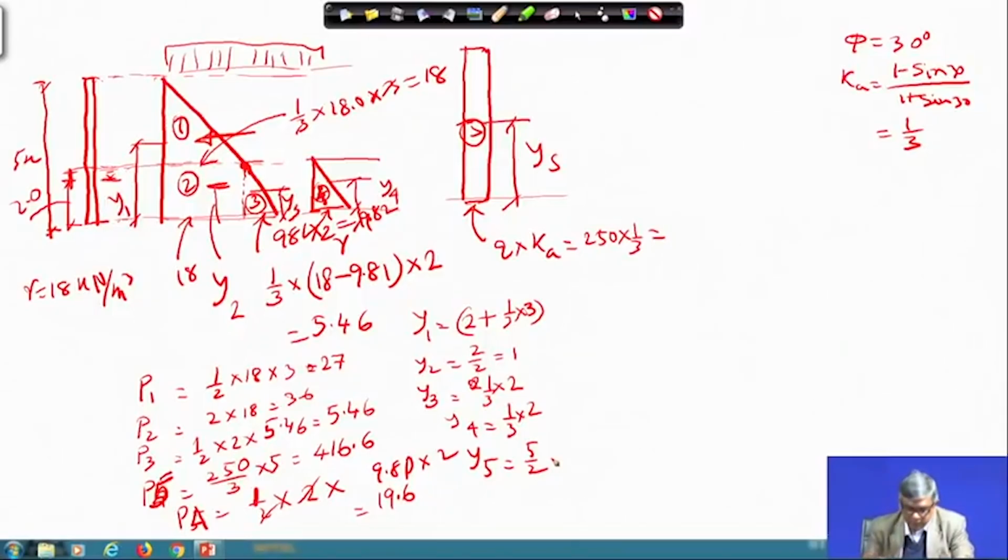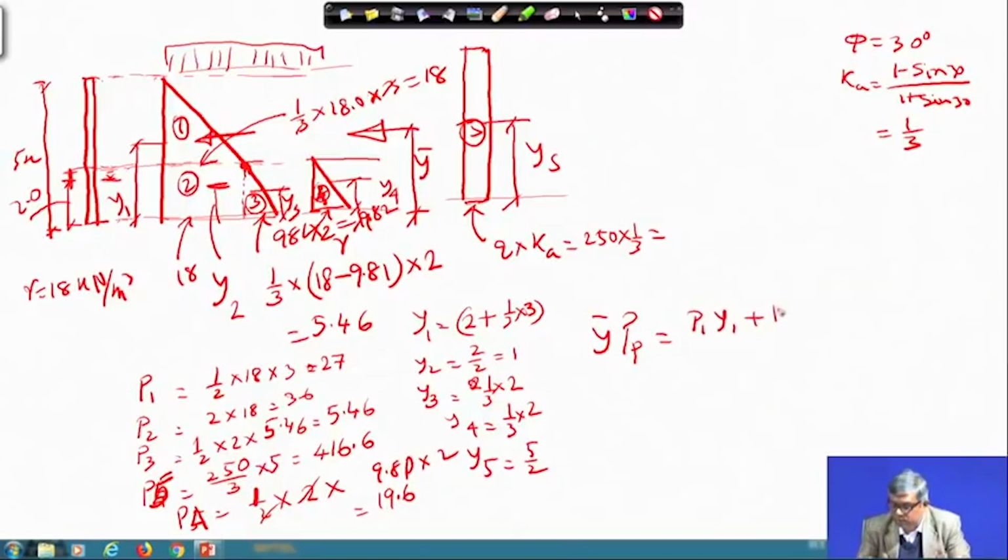Then I can consider the resultant force acting somewhere here, at a distance y bar. So, y bar multiplied by PP will be equal to P1 y1 plus P2 y2 plus P3 y3 plus P4 y4 plus P5 y5.